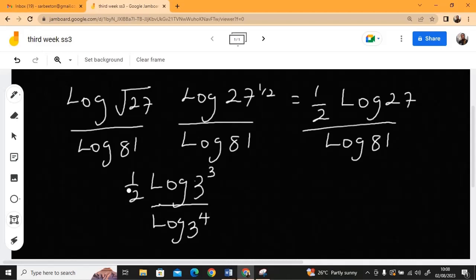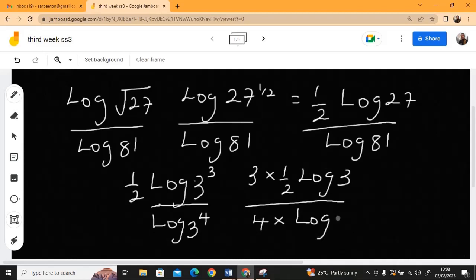I can use this 3 to multiply what is here, because it's a power. That will be 3 times 1 over 2 log 3, over 4 times log 3, because this 4 comes to the front. So this log 3 can cancel this log 3.